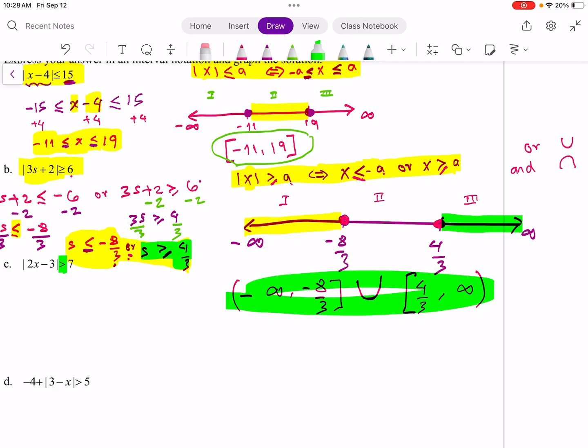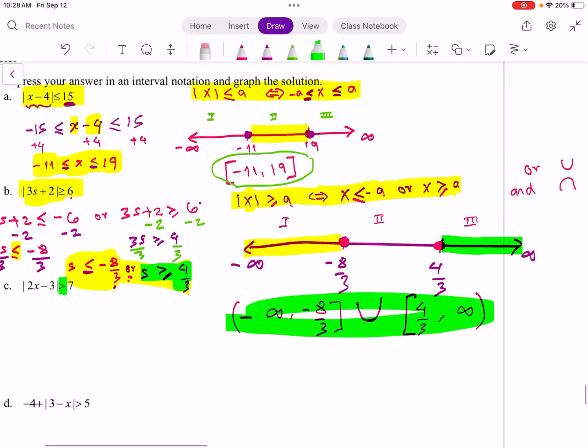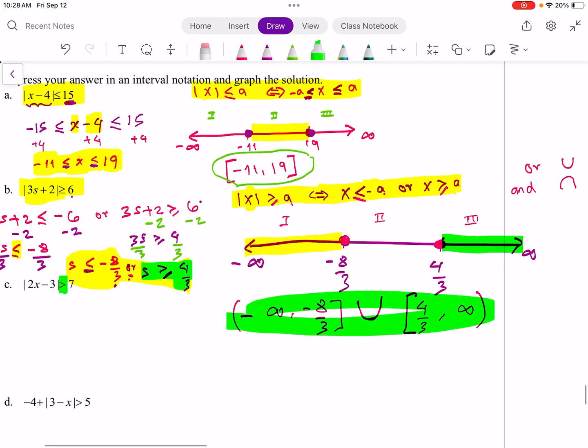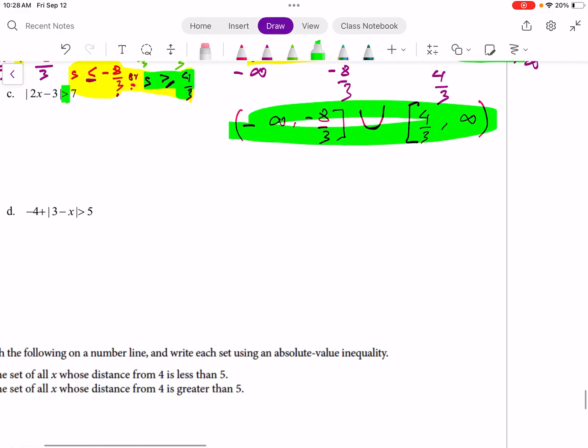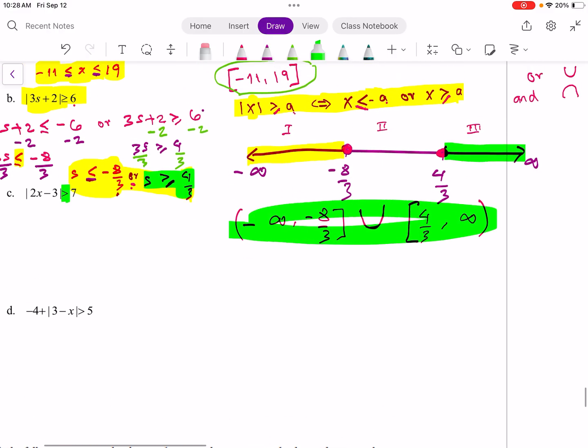Do we use the first definition or the second definition? Second, right? It's very similar to number B. So let's use this definition, because we have a greater than here.